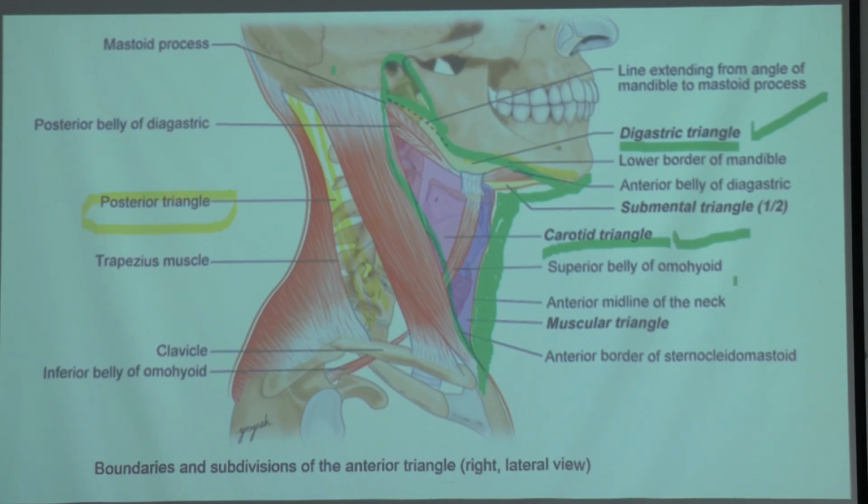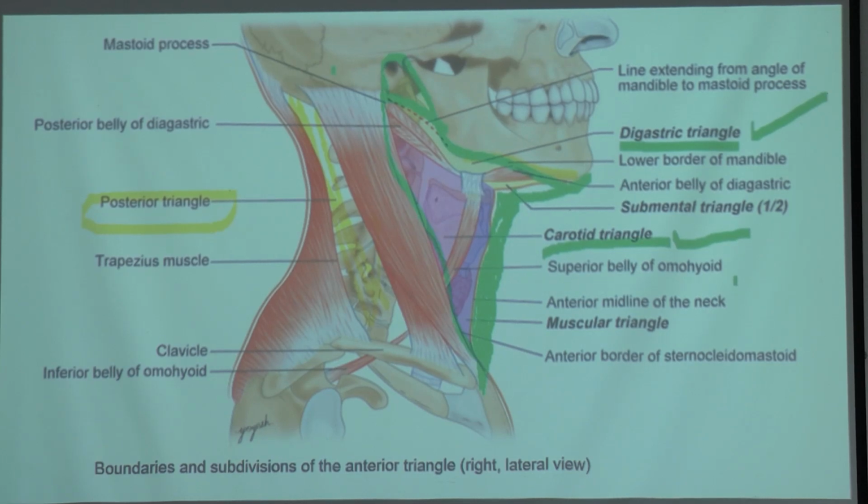We know the left common carotid artery is a direct branch from the arch of the aorta, while on the right side the common carotid artery originates from the brachiocephalic trunk of the arch of the aorta, which divides into the right common carotid and right subclavian.